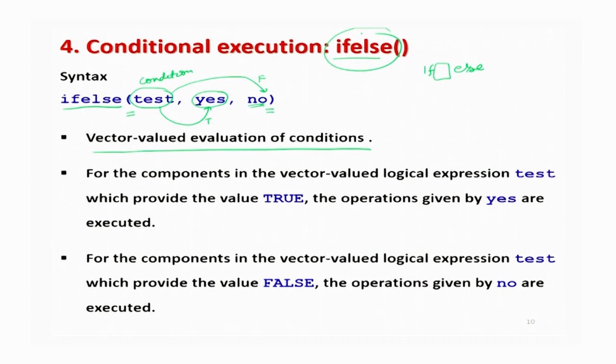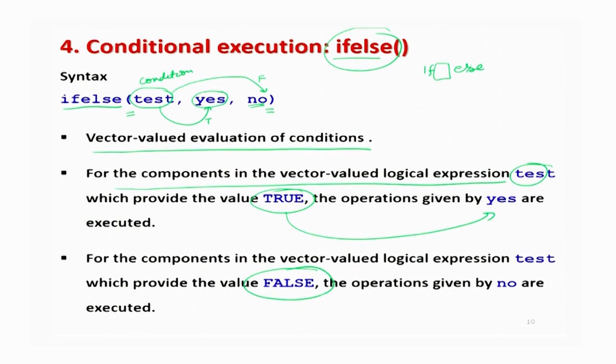Yeah, just be careful, because I am always using the word if else, and I cannot pronounce it in a way that sounds good. Anyway, this is the first advantage of this condition, and the way it is happening, as I said, is that the components in the vector valued logical expression which is given under the test, when they provide the outcome to be true, then the commands given under the yes are executed, and if they provide the answer to be false, then the commands under the no will be executed.